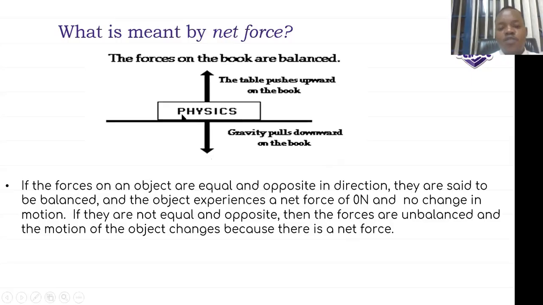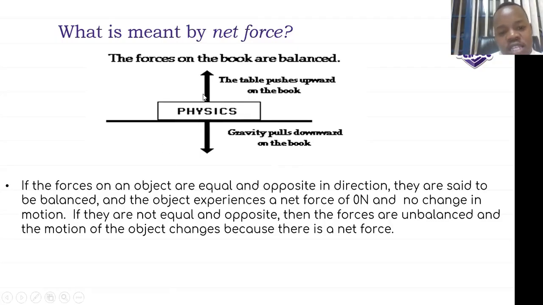And if you check here, let's say we have a physics textbook, and this physics textbook is on a surface. Now, you've already done your forces, and you are aware that you can draw a diagram that represents the forces acting on an object.